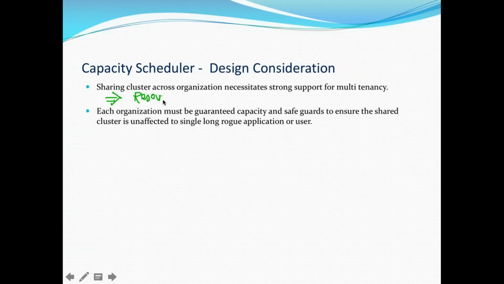There are two kinds of things that can happen wherein a resource outage can occur. So resources should be safeguarded against a single rogue application or a user. A single long rogue application: rogue is an English term which means a very rowdy kind of person who wants to capture each and everything, right?